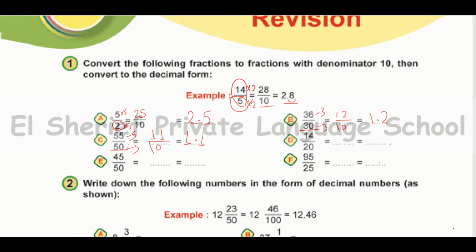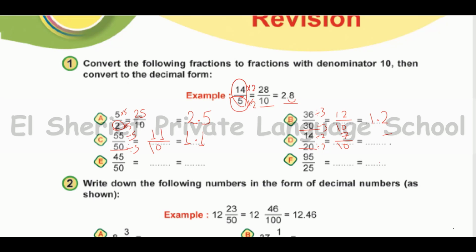The next, the denominator here equals 20. We need it equal 10. What will we do? We divide it by 2. Then we divide the numerator by 2. 14 divided by 2 equals 7.